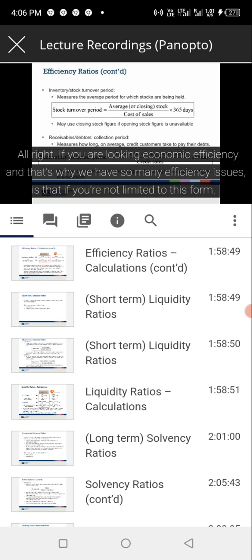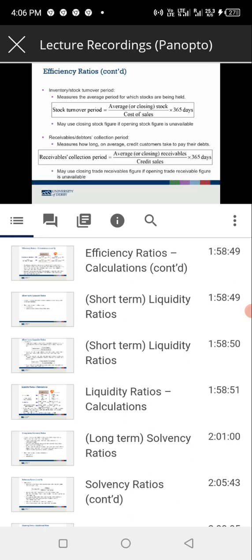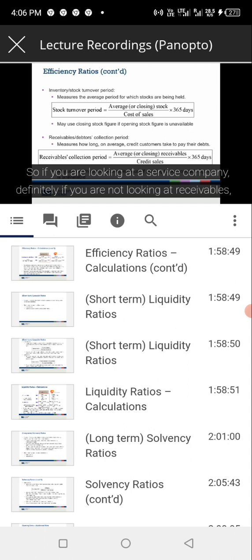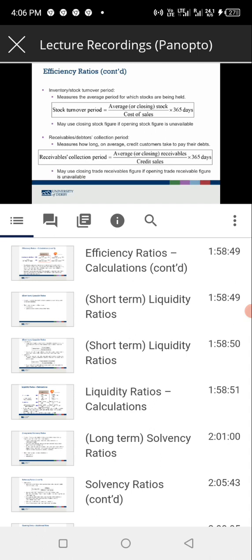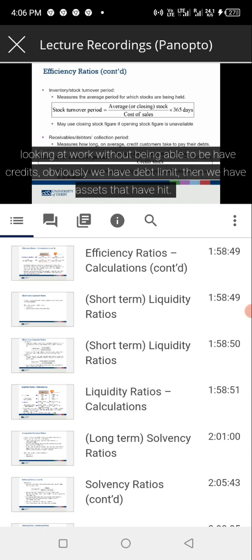If we are looking at efficiency, that's why we have so many efficiency ratios. Is that okay? It's not limited to these four. If you are looking at a service company and you are not looking at receivables, you are looking at what? Whether payables, they may have creditors, they may have debtors, they will have assets.